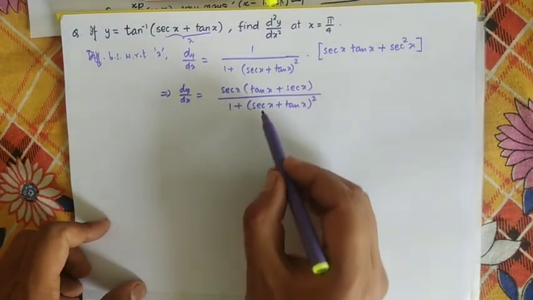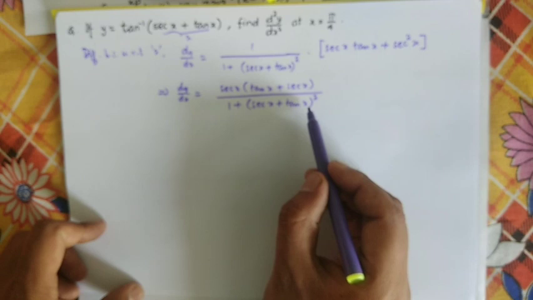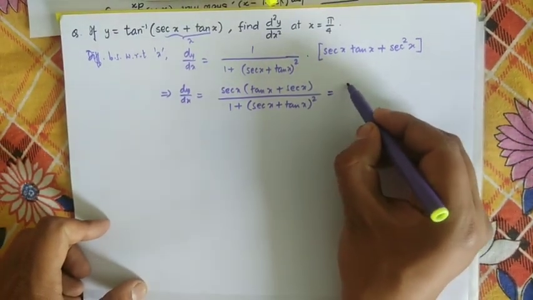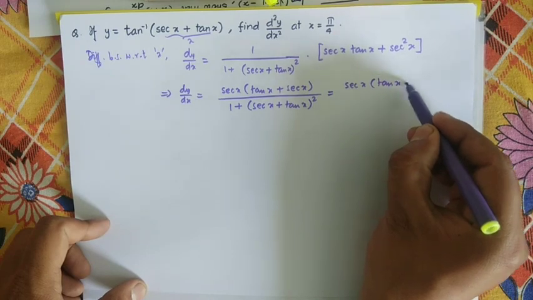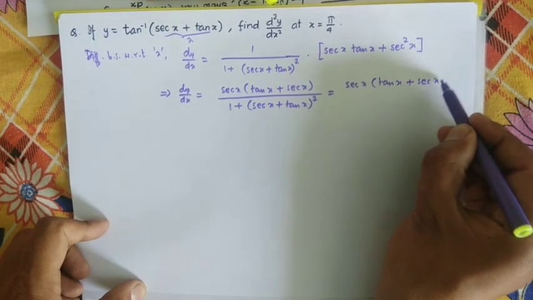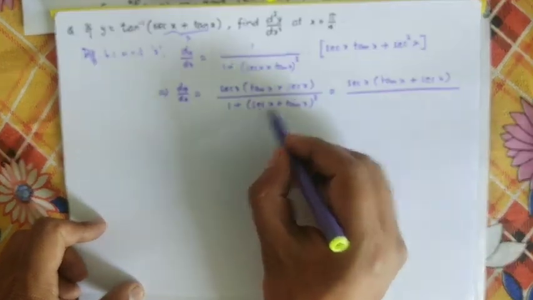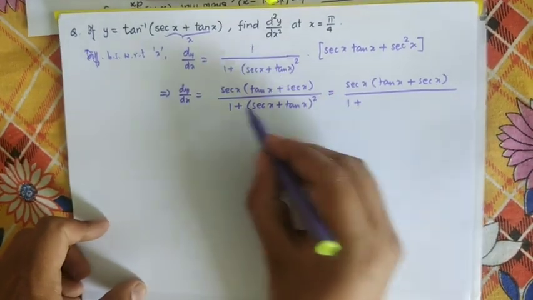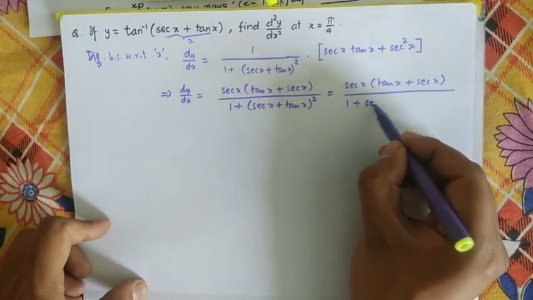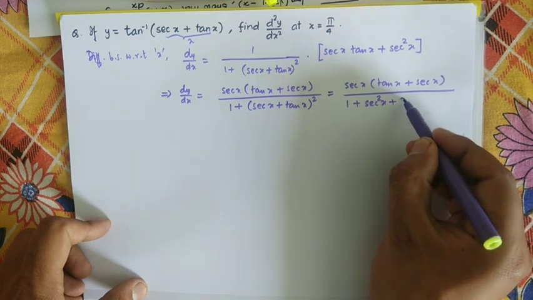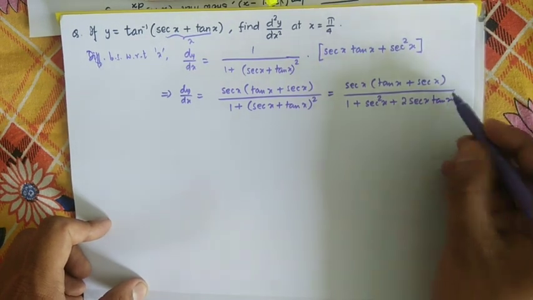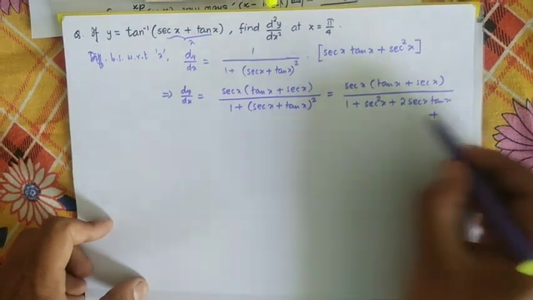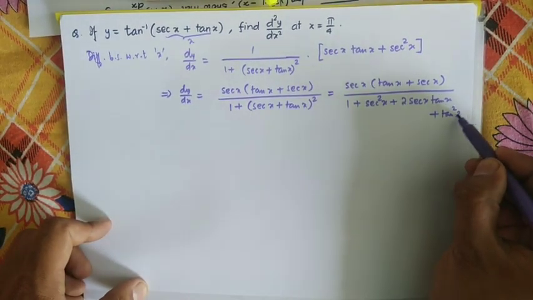Now let me apply the a plus b whole square formula. In the numerator it will be sec x into tan x plus sec x, it remains as it is. Applying the formula, 1 is already there, so a square is sec square x plus 2ab plus b square, where b square is tan square x.